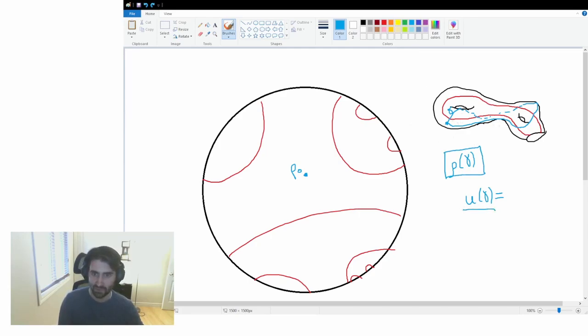So you lift this gamma to the universal cover. Maybe it looks like this until it hits gamma of P0. And for each crossing, you will add some translation vector, and you sum over all crossings. So in this picture, I have two.